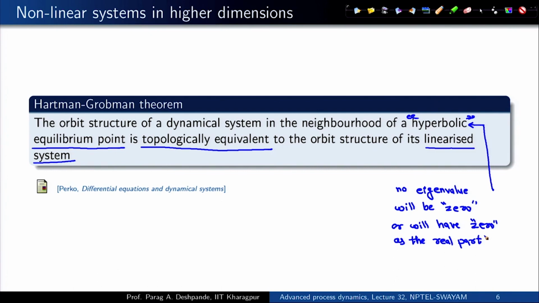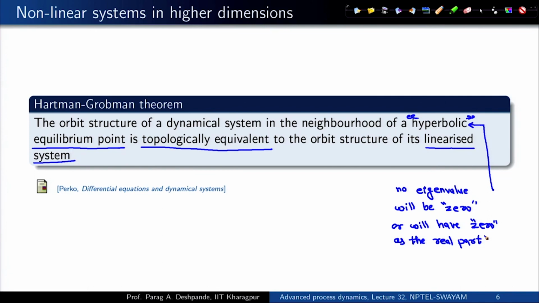So, how would you then assess whether it would be possible for you to linearize the system and have a guarantee that the linearized system will indeed have the same features as the non-linear system?